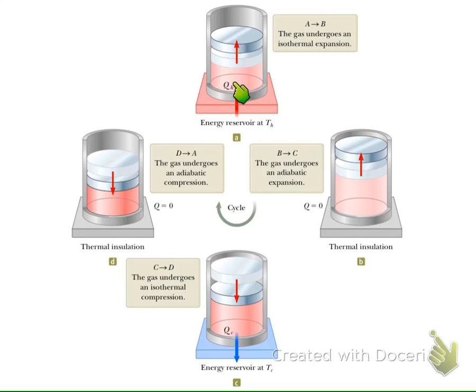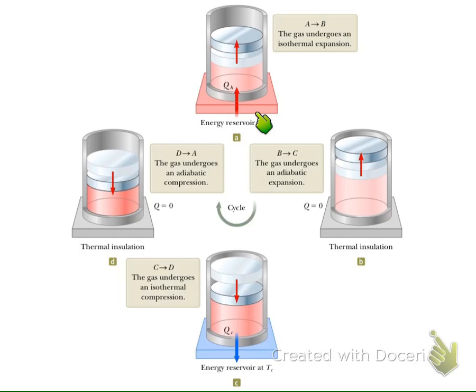That is, we keep the temperature of the gas at a constant temperature equal to the temperature of the hot reservoir. So the system is in thermal contact with the hot reservoir all the time, in thermal equilibrium.